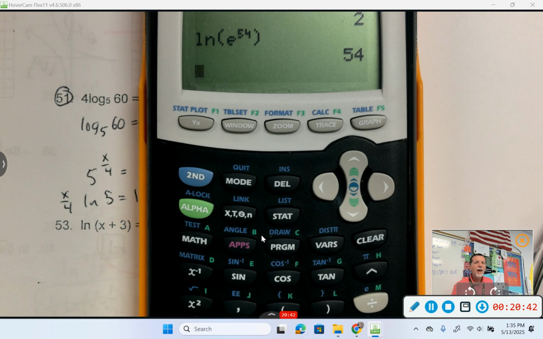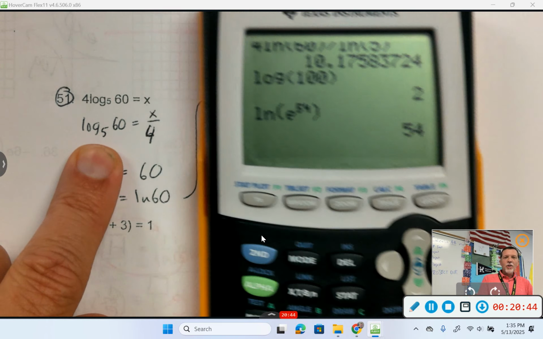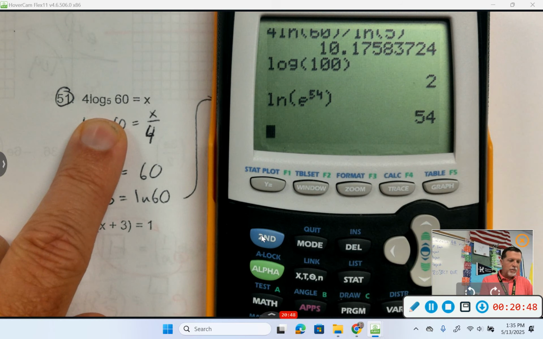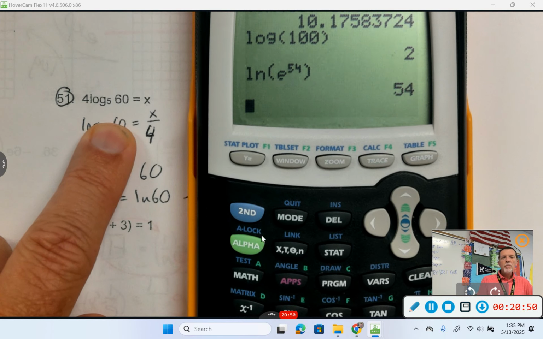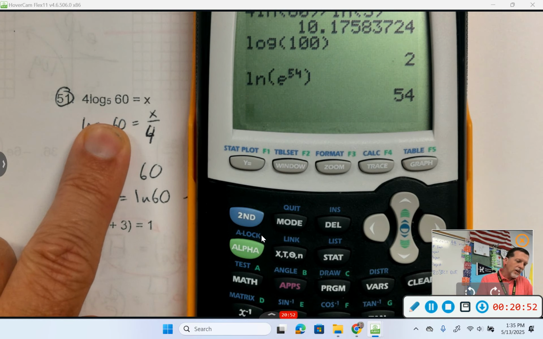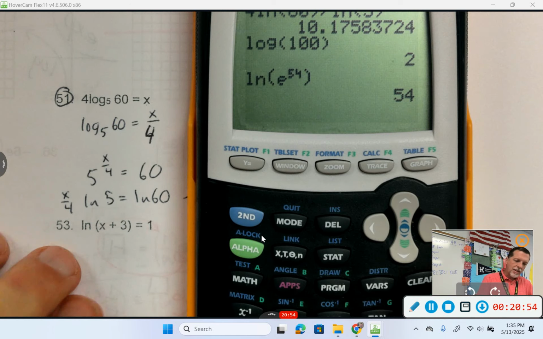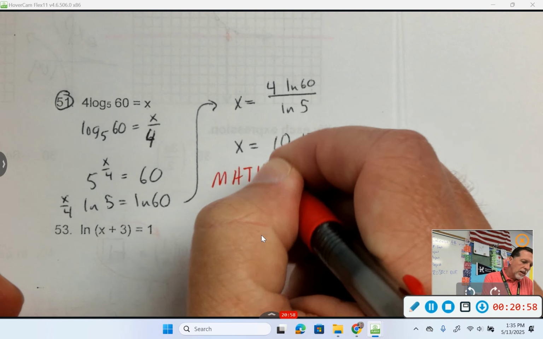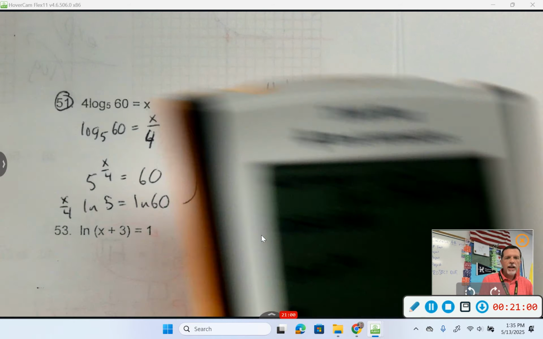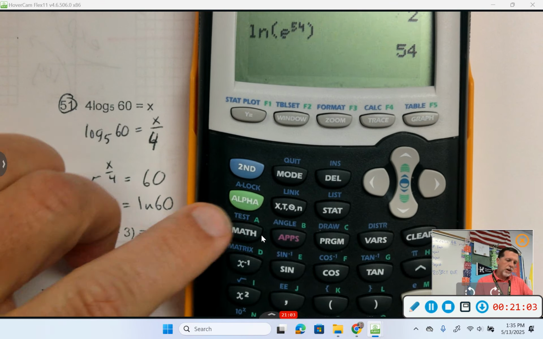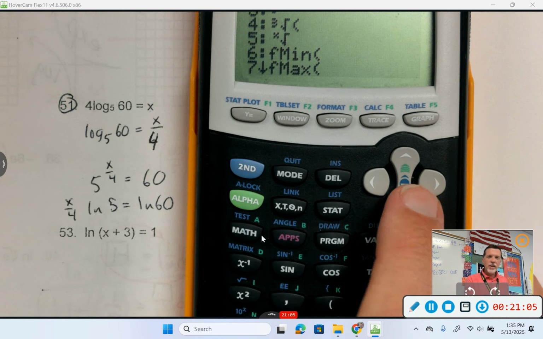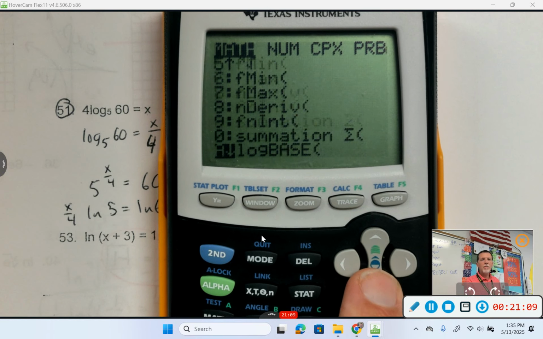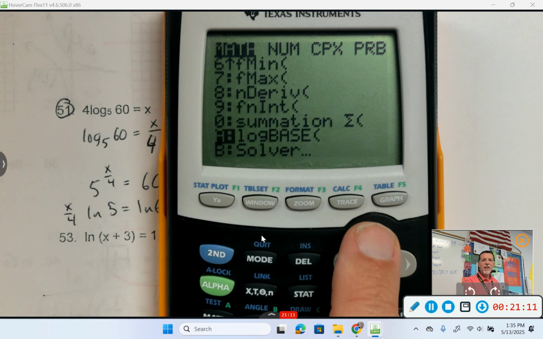Yep. Okay. So you can see why they don't make buttons for every single base, because then all you'd have is a bunch of log buttons on your calculator. But they sneak it and hide it in there. If you go to math, this is where it is on the menu. Go to the math menu. And actually, that's all you have to remember, because you can find it from there. Math, and then scroll down. See if you see something that looks maybe interesting. Log base.